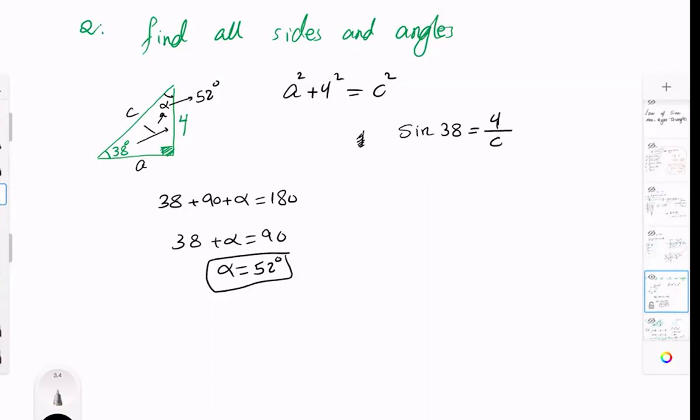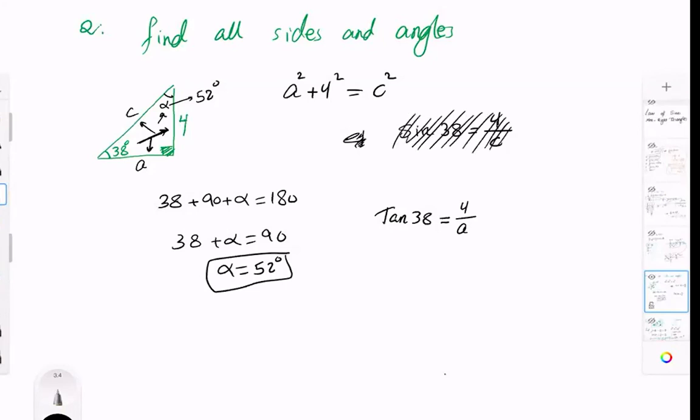Opposite over hypotenuse. So that works. I can solve for C. But Megan said tangent of 38, tangent is opposite over adjacent, which is 4 over A. That works too. So let's go with what Megan said.